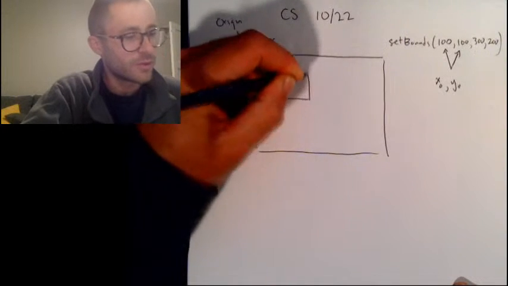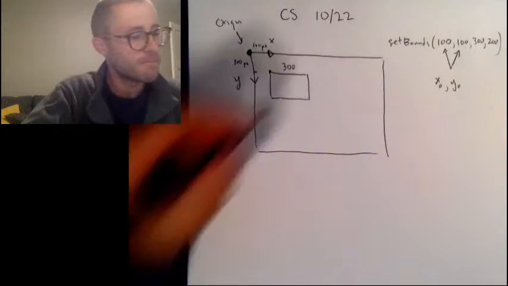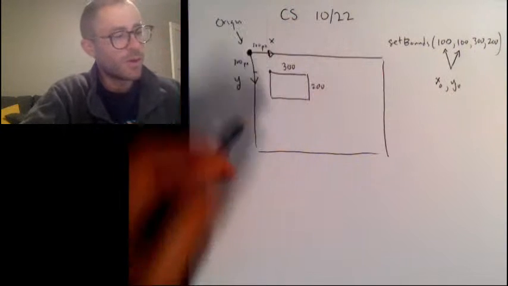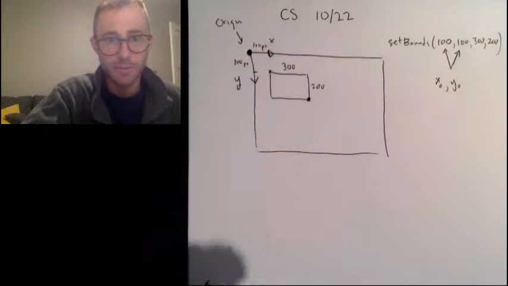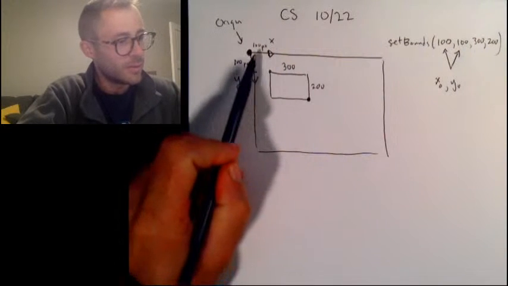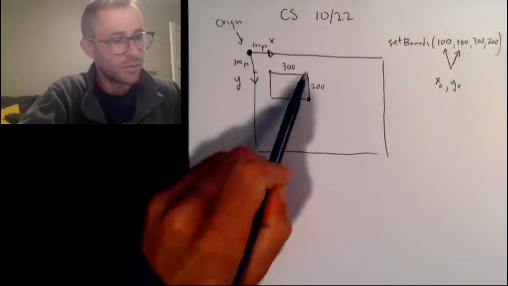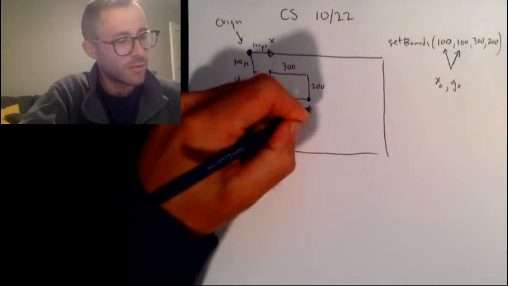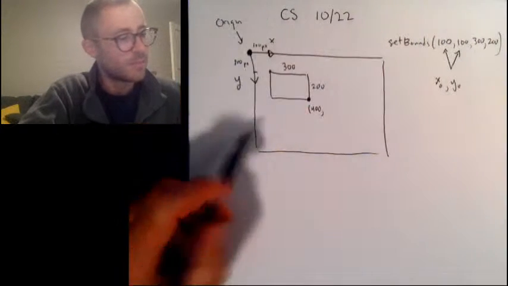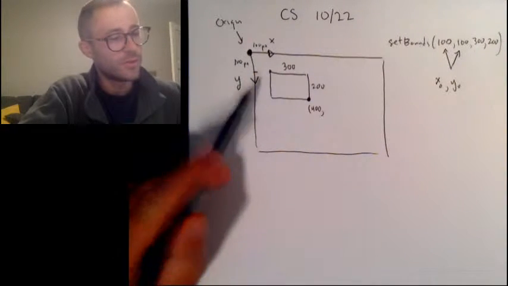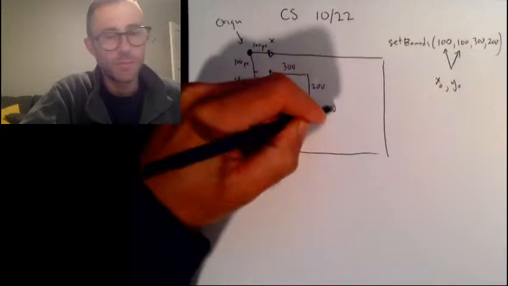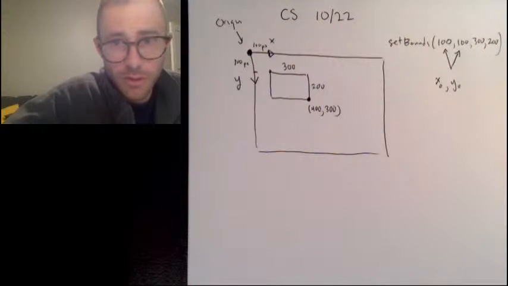So the window is going to look something like this. If I wanted to know the coordinate of this corner of the window, it would go over 100 plus 300, so 400, and then down 100 plus 200, so the coordinates are 400, 300.